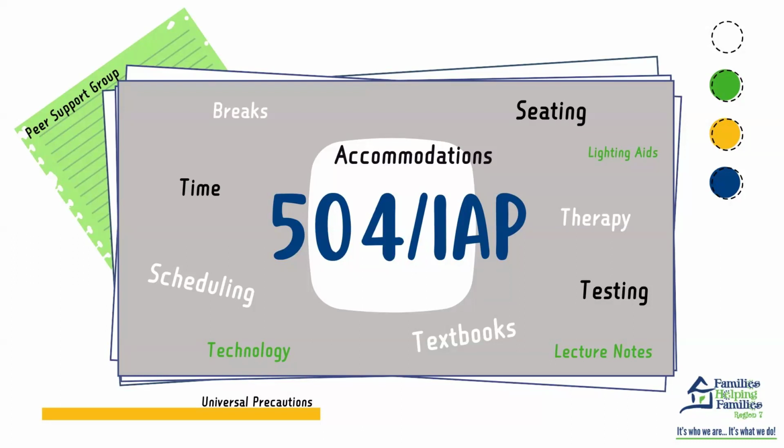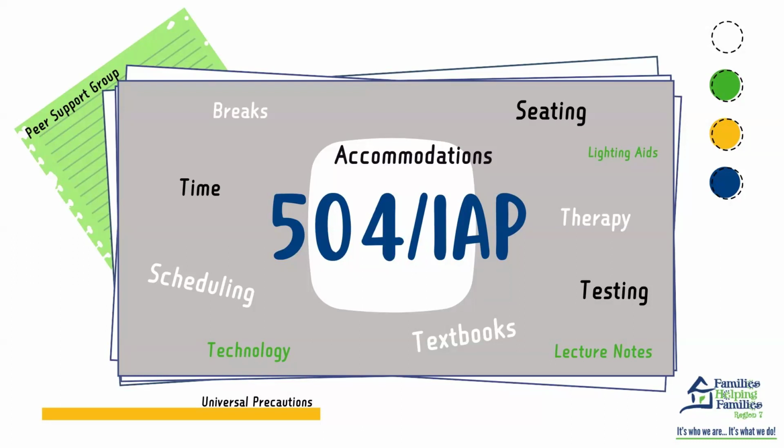Once the committee determines that a student meets 504 eligibility, an individual accommodation plan, IAP, must be developed. The IAP must be used for providing documentation of accommodations on a written plan for students who need Section 504 accommodations and who may or may not need standardized testing accommodations.